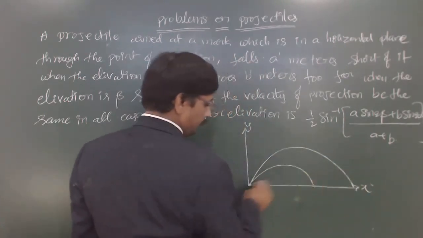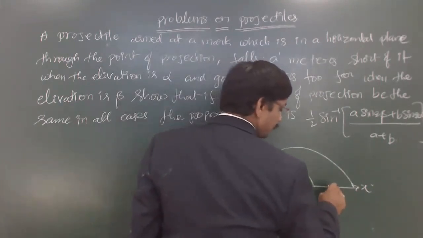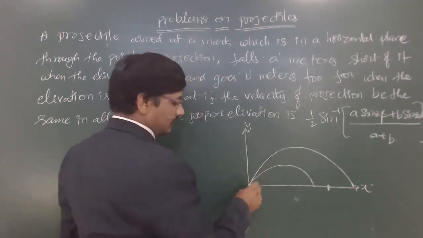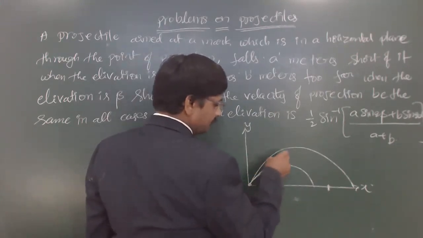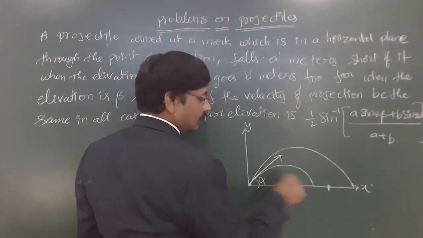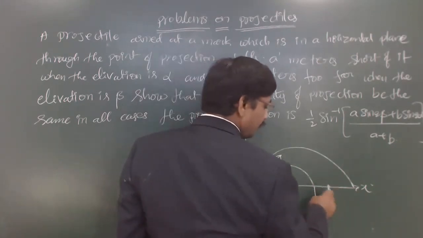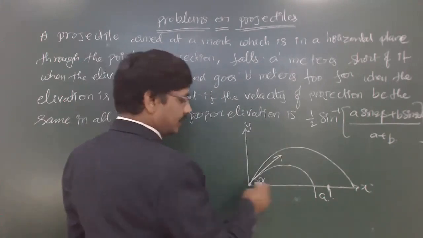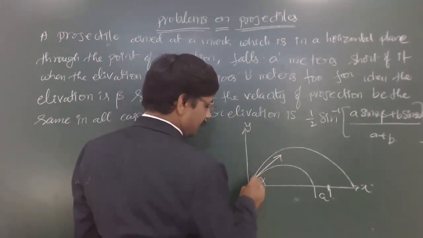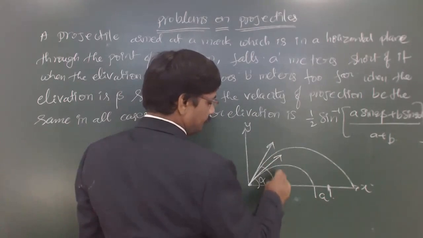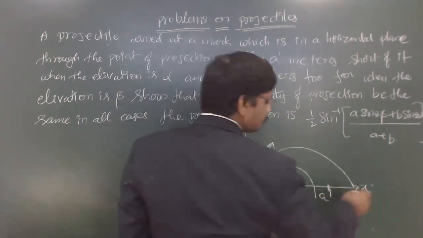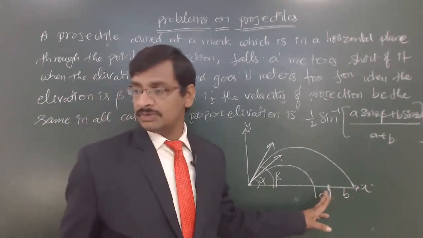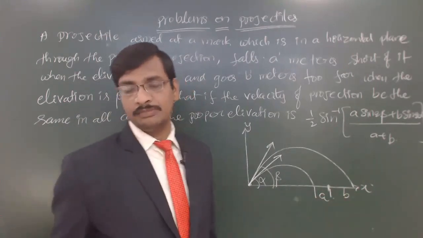When the angle of elevation is alpha, it falls short by a meters. When the angle of elevation is beta, it goes far away from the point of projection by a distance of b.